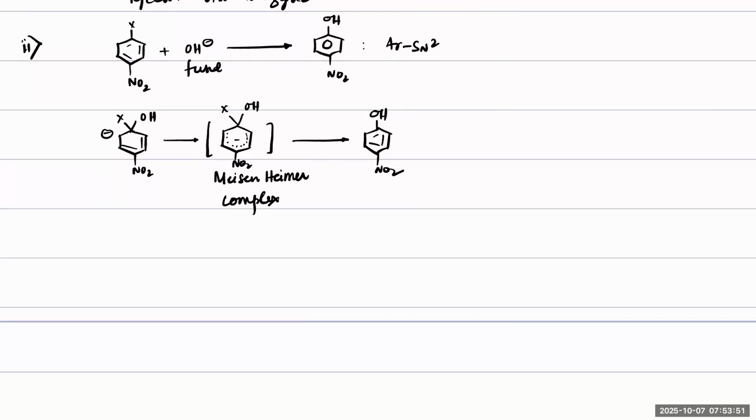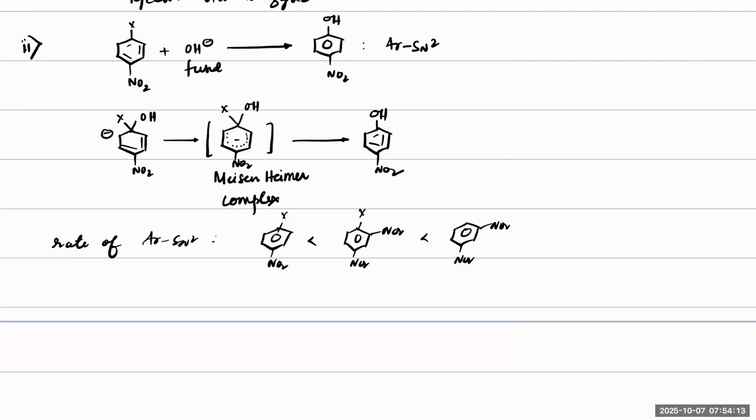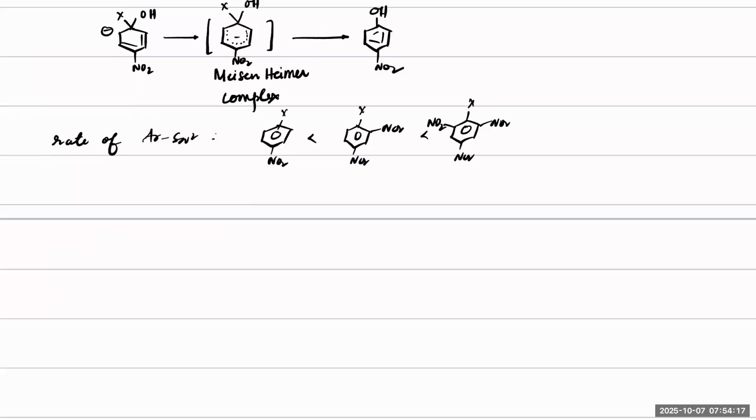So if you notice the rate of ArSN2 will be halogen with one NO2 here, less than halogen with two NO2 groups here, and that is less than halogen with 3 NO2 groups here. This will be the order of ArSN2.